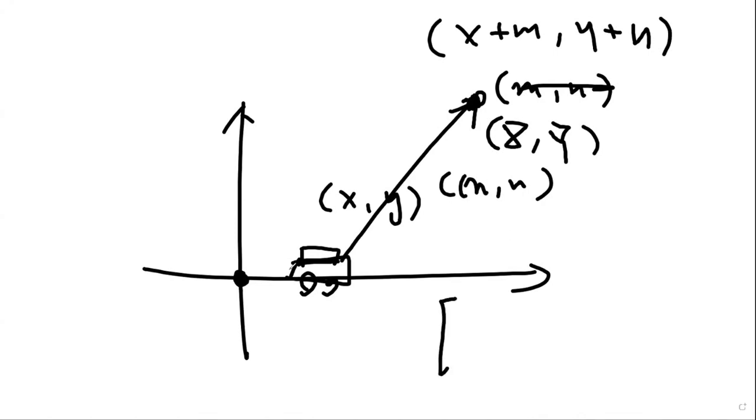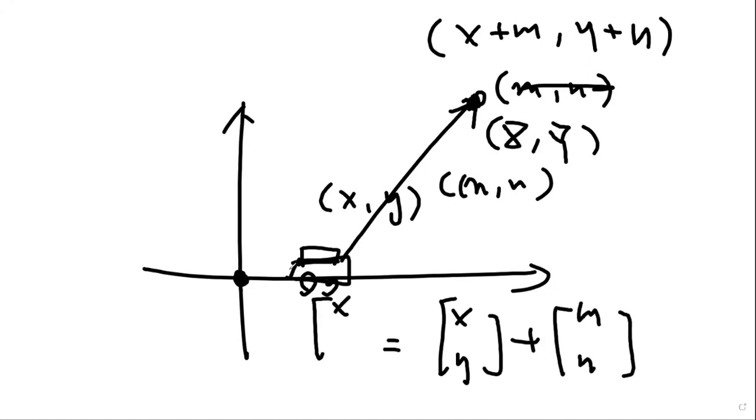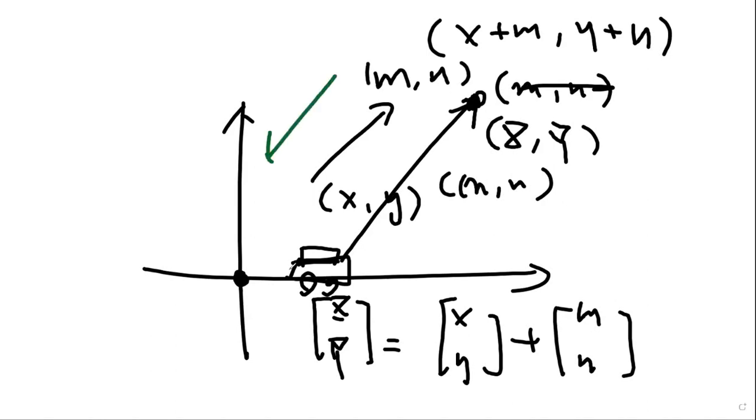So your xy plus mn will be your new capital XY. What I want to say is that your car movement by mn is the same as your observation frame moving backward by minus m, minus n.